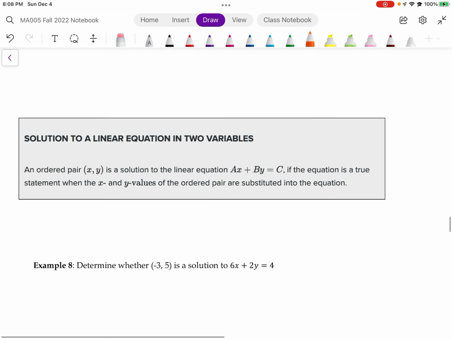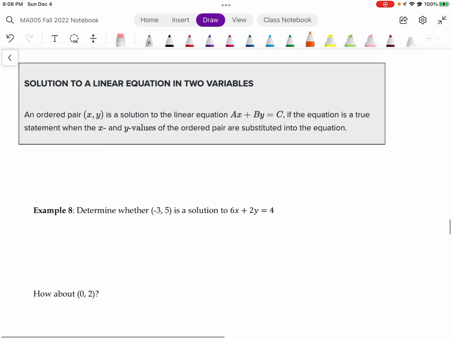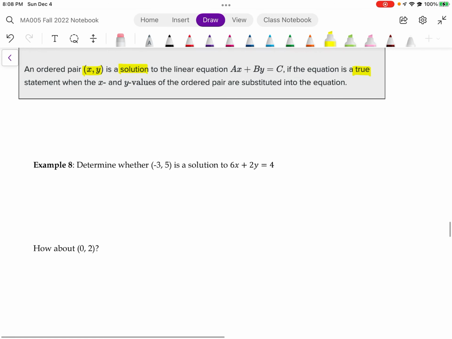All right, a solution to a linear equation in two variables. An ordered pair (x, y) is a solution to a linear equation if the equation is true when x and y are substituted in. Okay, so let's check this one out. Determine whether (-3, 5) is a solution for this equation here. So this is our x value and this is our y value, and they need to go in right here and right here.